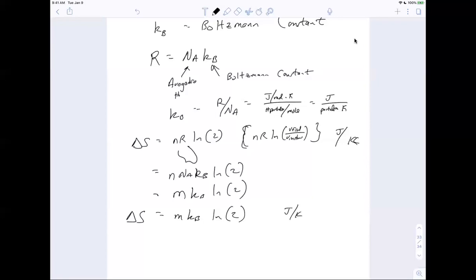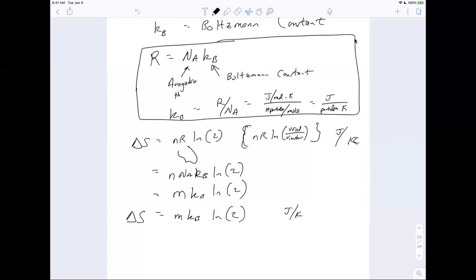So the units now become consistent. Entropy from the microscopic description and the macroscopic description using dq reversible over T come to have the same units once we define something called the Boltzmann constant. And this Boltzmann constant can be derived.